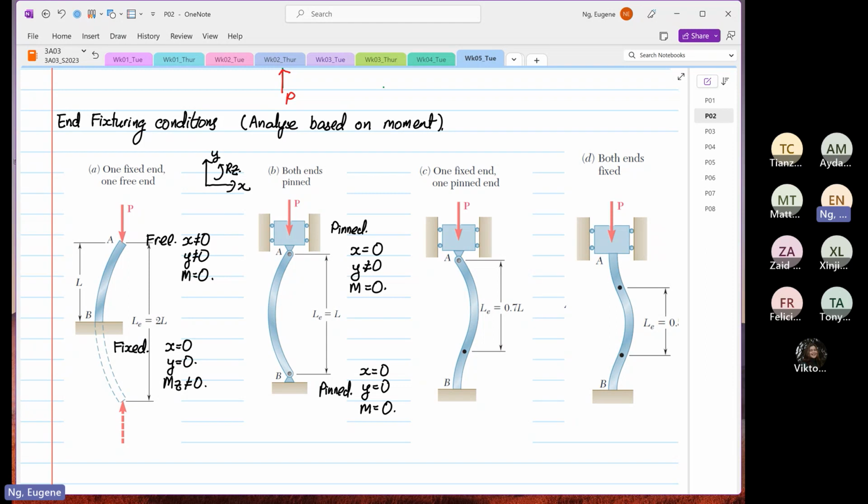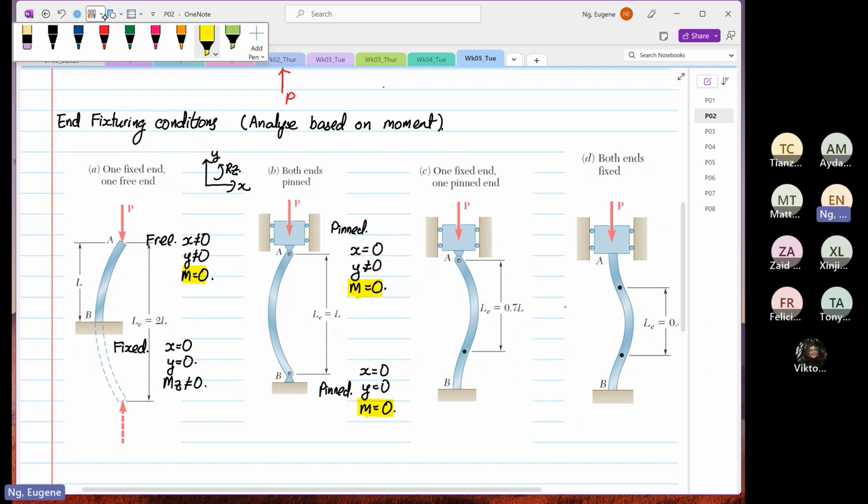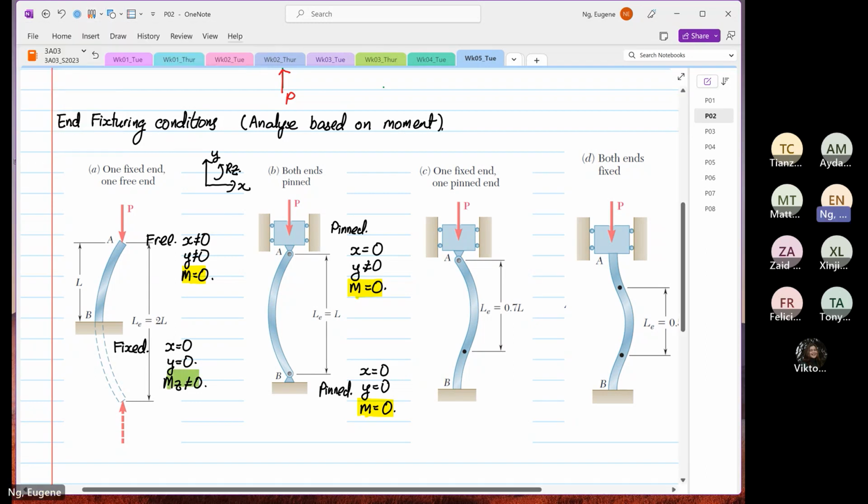Whereas at B, y is equal to 0. So as long as one of them is equal to 0, it is pinned. But more important is the moment. When moment is equal to 0, it can be either free or pinned. But when moment is not equal to 0, it is always known as fixed.